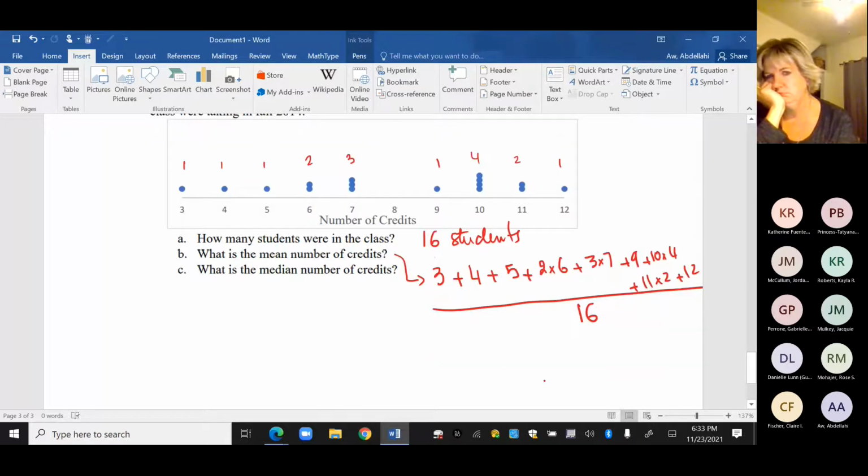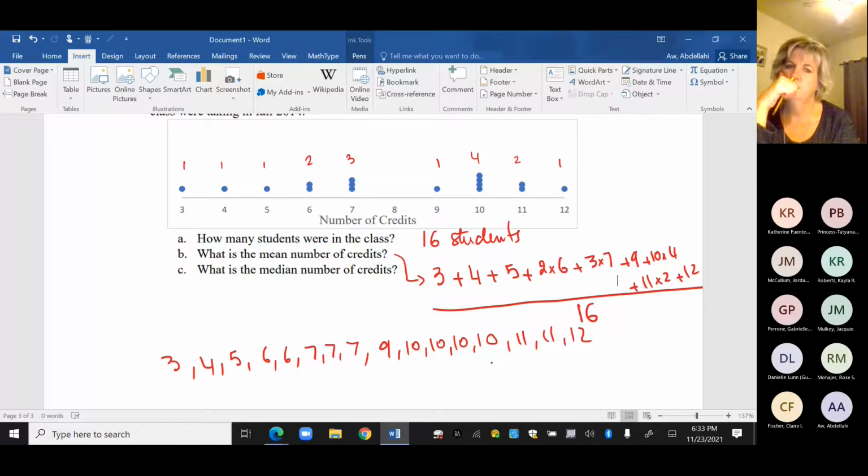Here we have only 16 data, so you're gonna get 3, 4, 5, 6, 6, 7, 7, 7, 9, 10, 10, 10, 10, 11, 11, and 12. You agree with that? This is exactly what the data plot represents, right?